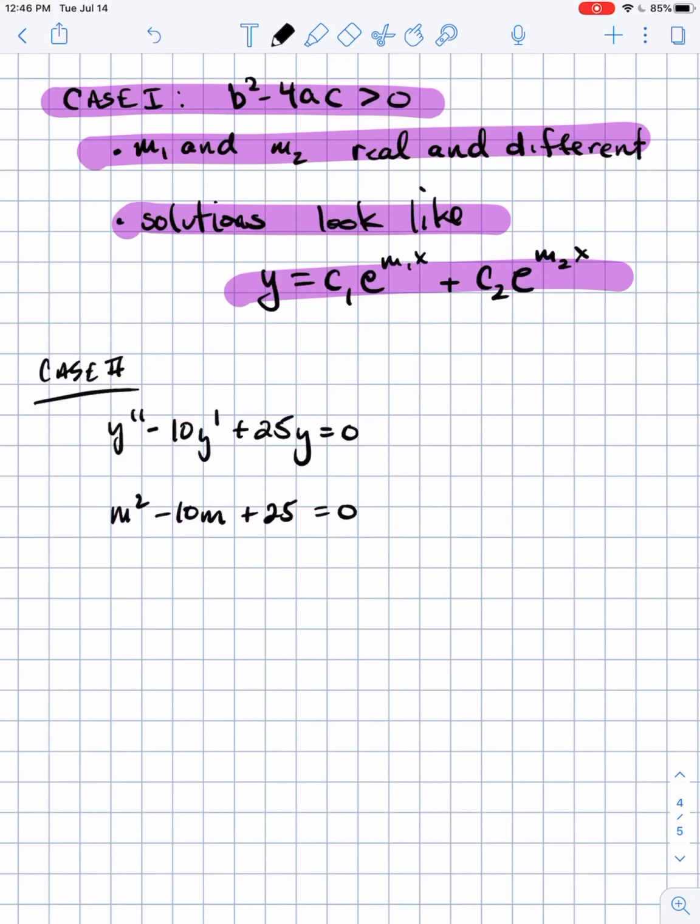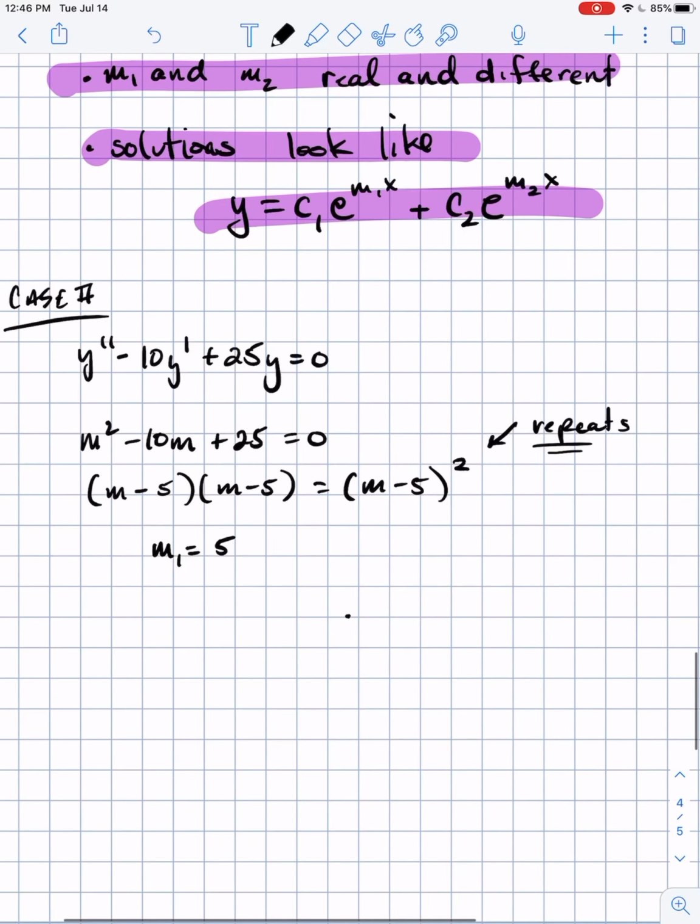So just skip that whole part, and then you're solving this quadratic equation. And here you could see that my factors are going to be m minus 5, m minus 5. So really, you only get one value because it repeats, right? This is considered repeating. Okay, m1 is 5.